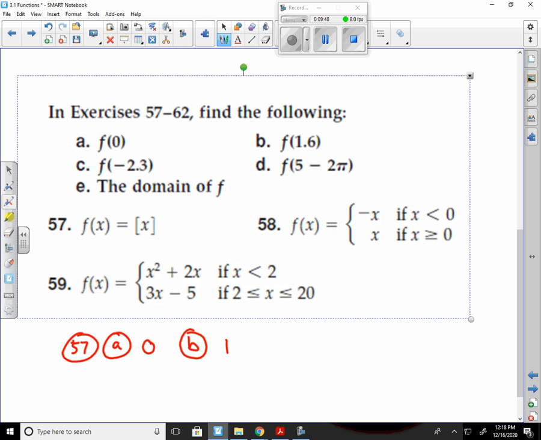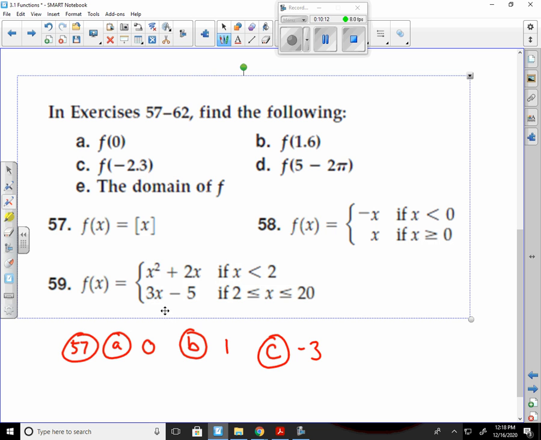Yep, that's your answer. Part C, f of negative 2.3. So what's the biggest whole number that's smaller than negative 2.3? Negative 3.